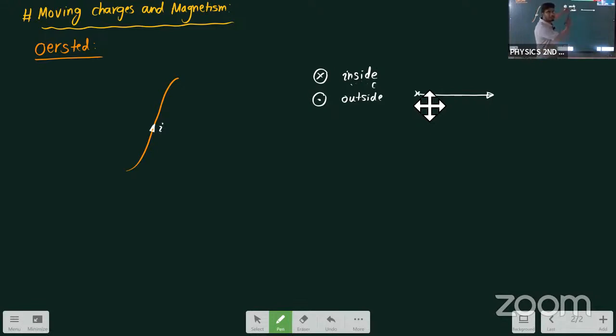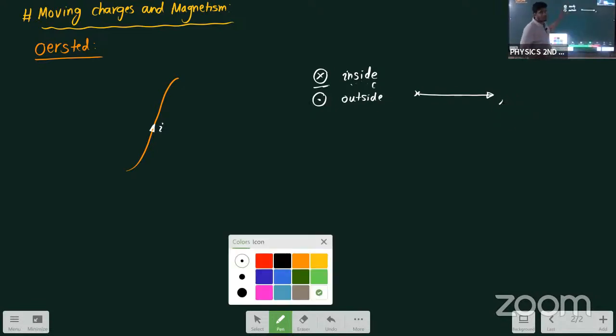So whenever the magnetic field is inside, I'll consider the cross mark. If the arrow is coming outside, we'll be able to see the pointed region. So it represents the magnetic field is coming outside. Please do remember this terminology so that while solving the problems as well as while discussing the concept, it will be very easy.